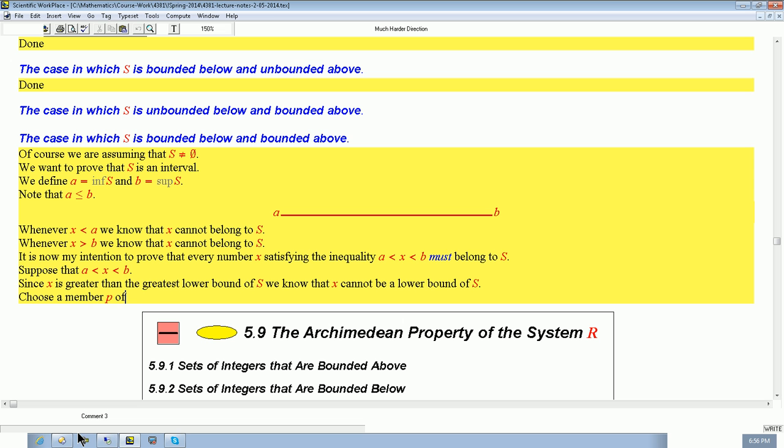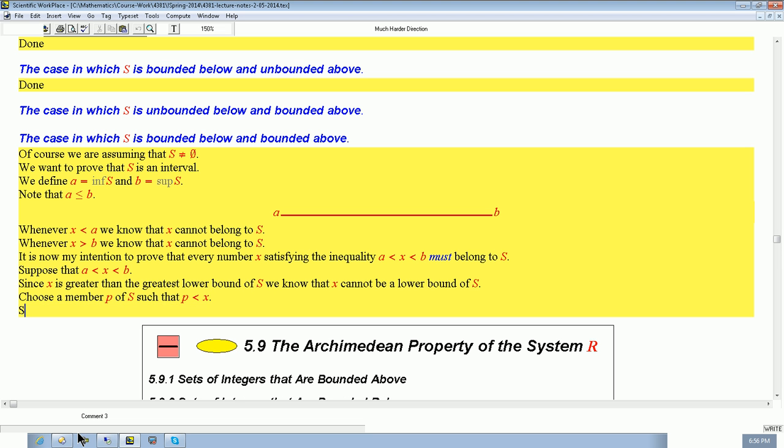P of S such that P is less than X. Now, since X is less than the number B, which is the least upper bound of S, isn't that given?